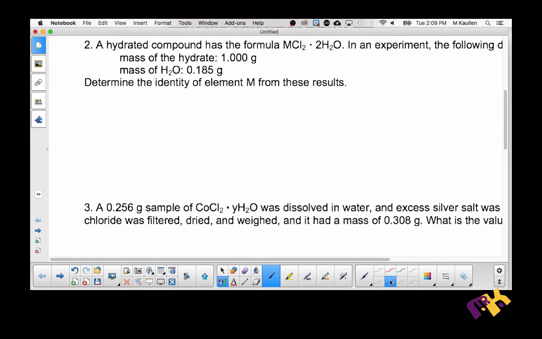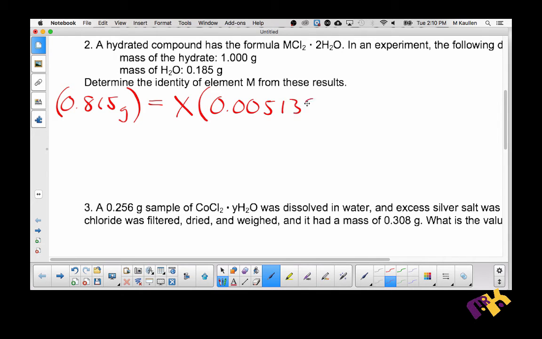All right, we know that if we subtract these two, the mass of the anhydrous salt was 0.815 grams. And we said this is equal to a certain molar mass that we don't know, multiplied by the number of moles of that anhydrous salt, 0.005139 moles of MCl2.